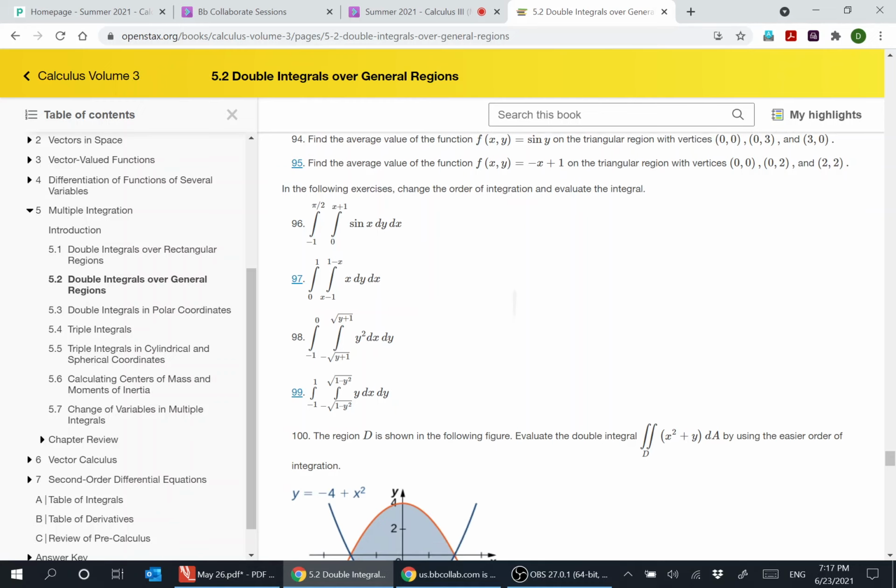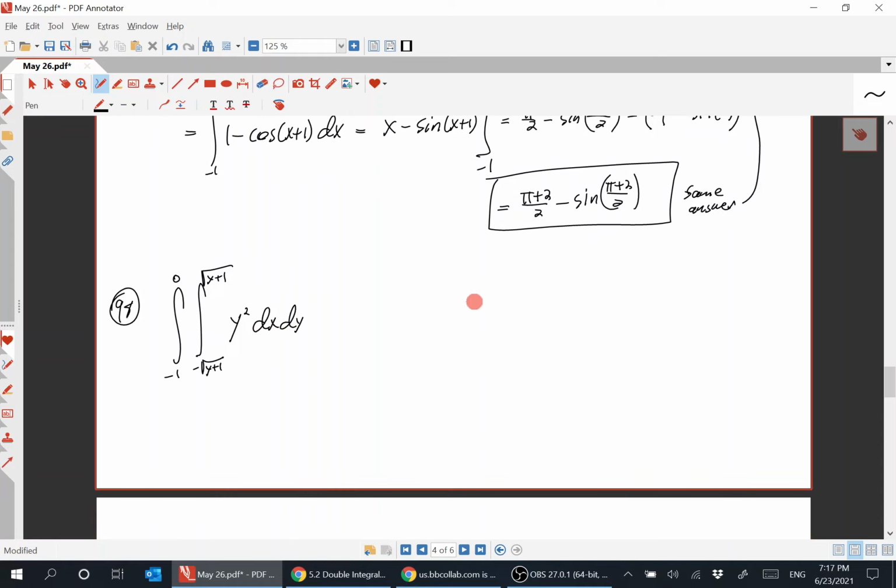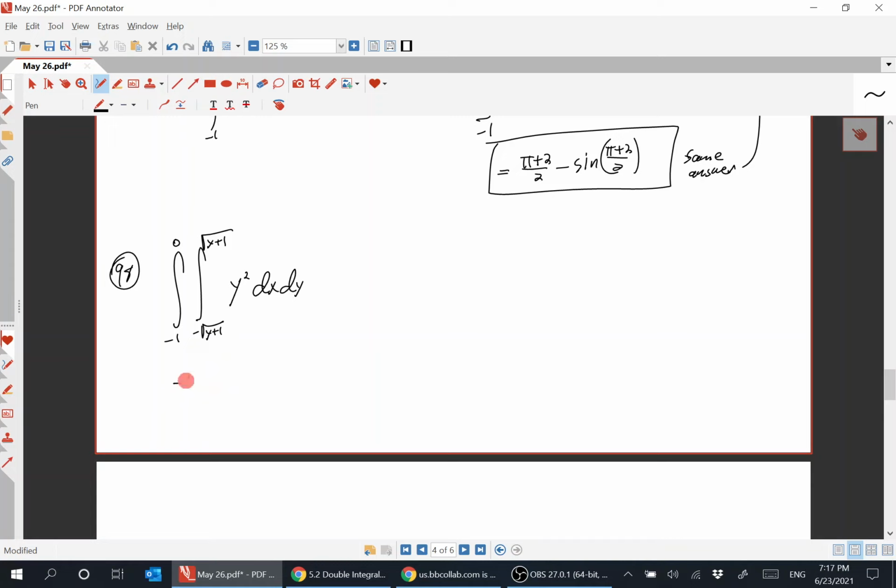So we've got a type 2 integral. So minus 1 less than or equal to y, less than or equal to 0, and then minus root y plus 1 less than or equal to x, less than or equal to root y plus 1. That's type 2.